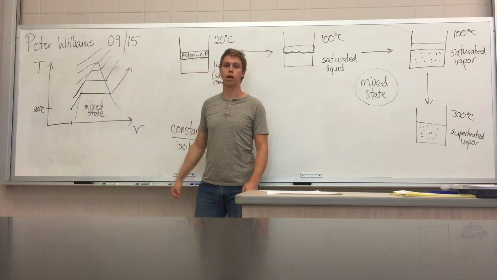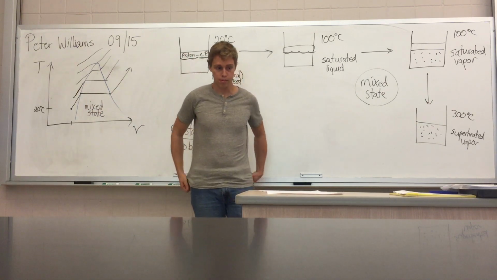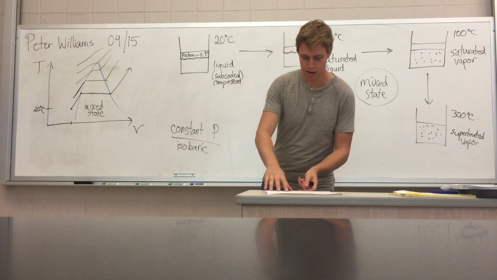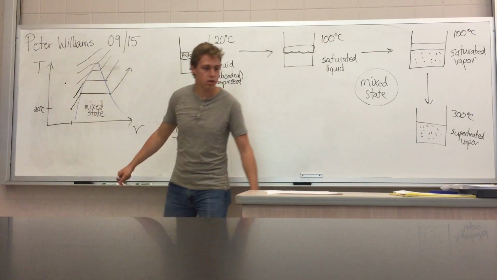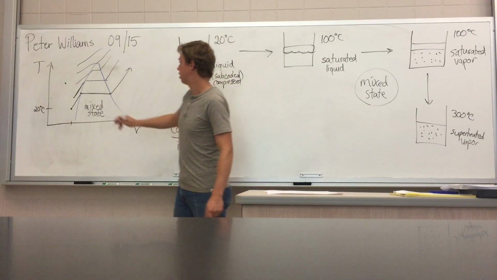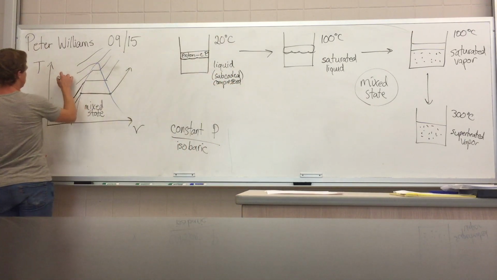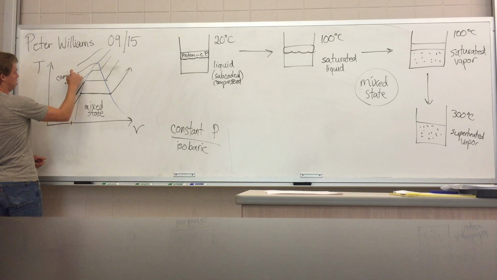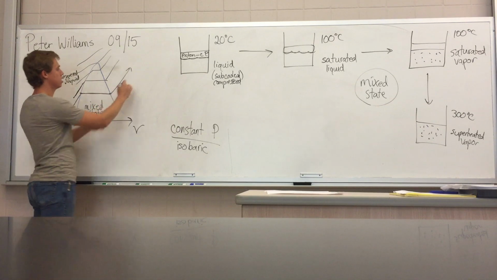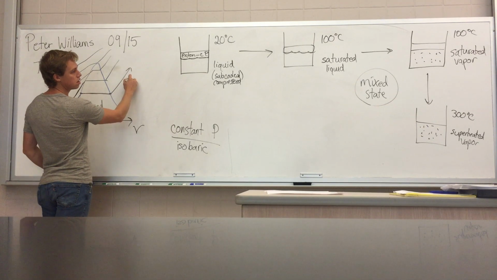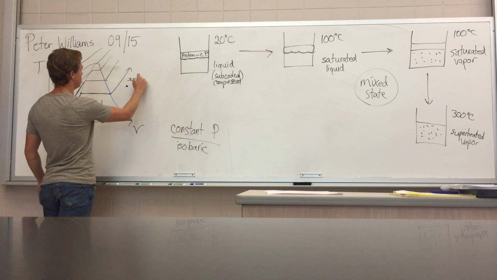There's a transition going on. Any dot that you would put in here, remember this whole region was the liquid. So this would be compressed liquid. And out here, any dot out here would be superheated vapor.